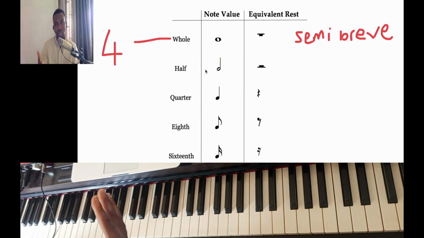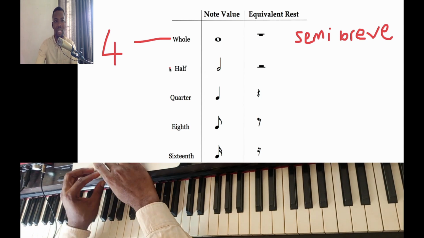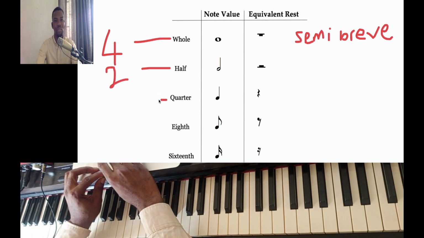A half note, logically, will be played for half that time. So a half note is played for 2 beats, all right? A half note lasts 2 beats, and a quarter note lasts 1 beat.